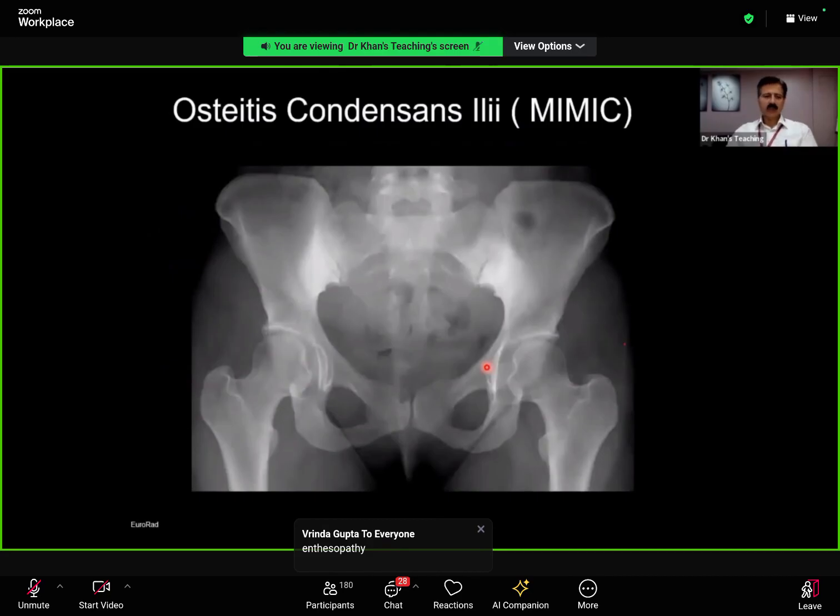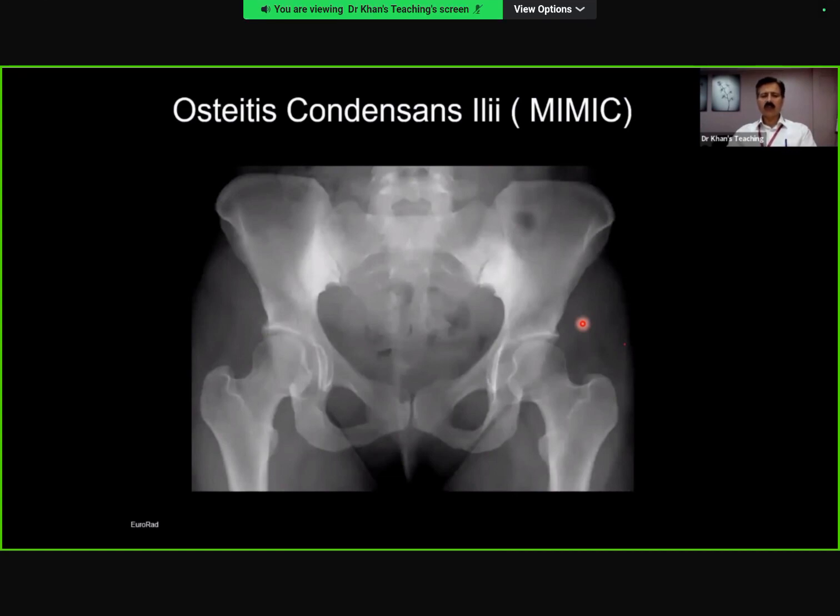Now, look here. This is classical osteitis condensans ilii. These patients are youngish, maybe 30, 35, 40 years old, and will have a lot of sclerosis on the iliac side of the joint. They will be multiparous.